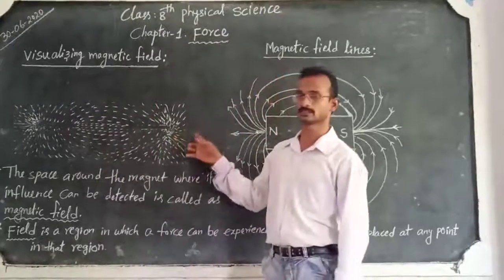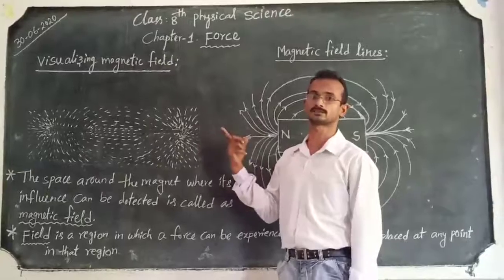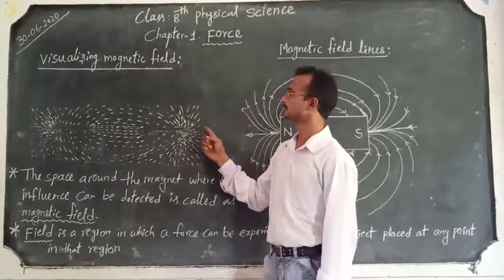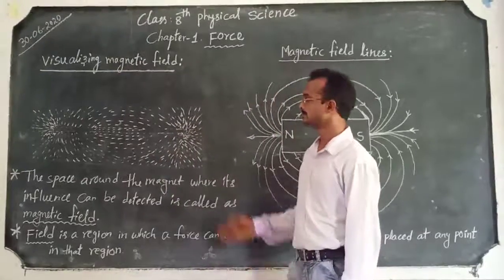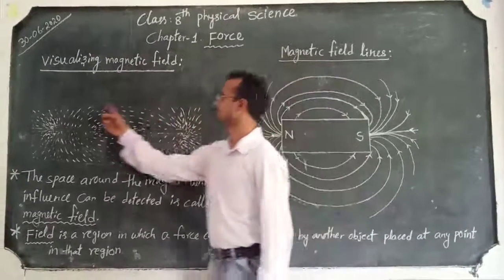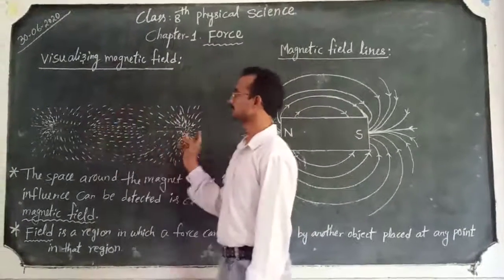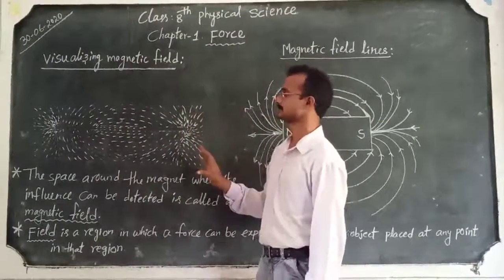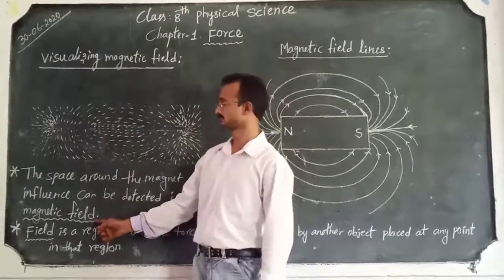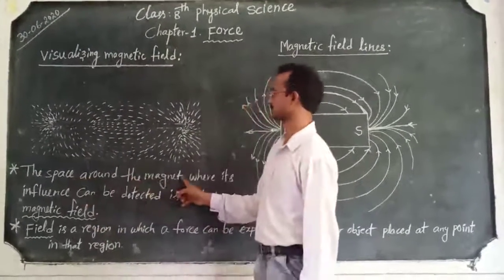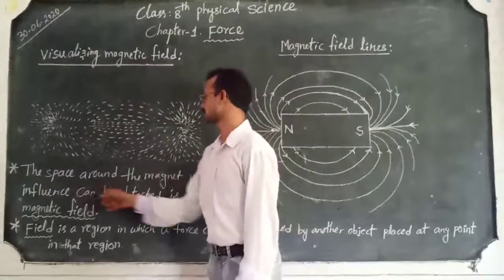Why are they arranged in a particular order? Because they are influenced by a force. That force, the region where the force is present, that space, is called a magnetic field: the space around the magnet where its influence can be detected.